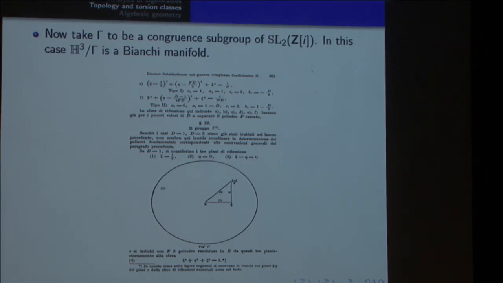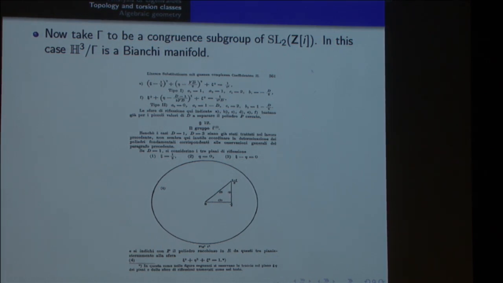And this is part of the thing where he's actually constructing a fundamental domain for this group SL2 of the Gaussian integers. Okay, this is the hyperbolic 3 space viewed from above, and he's constructing a fundamental domain that's a little bit analogous to the one that I drew on the board, but in 3 dimensions.